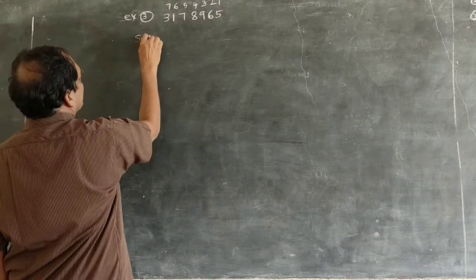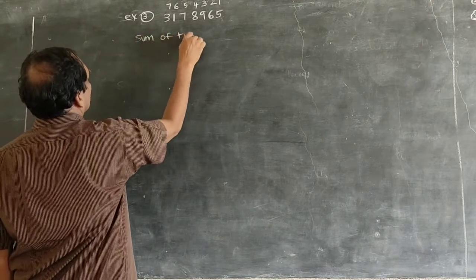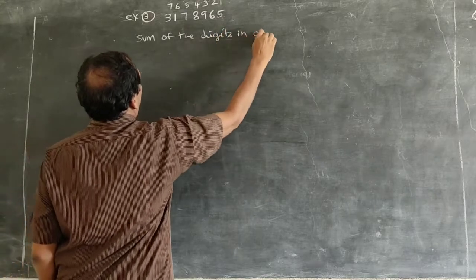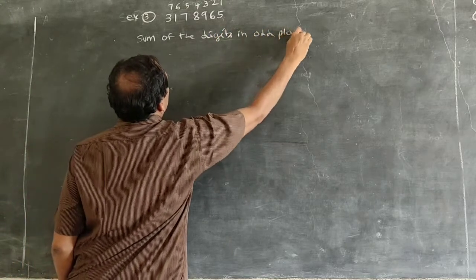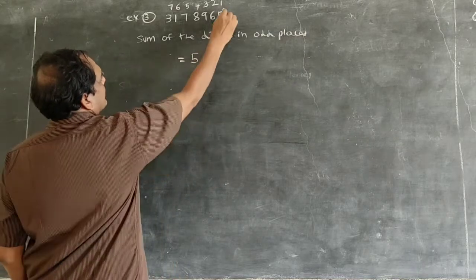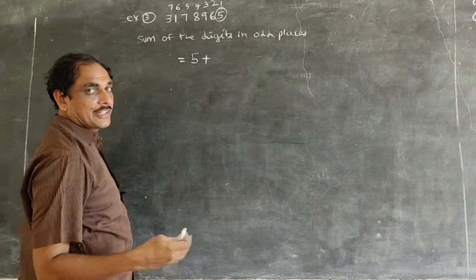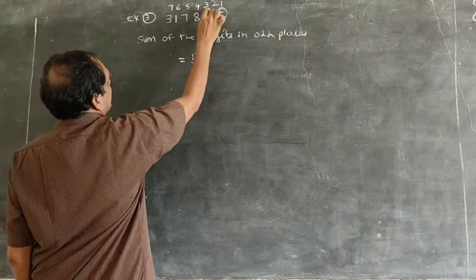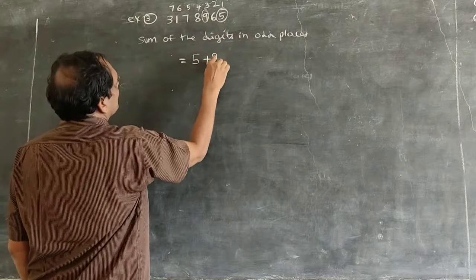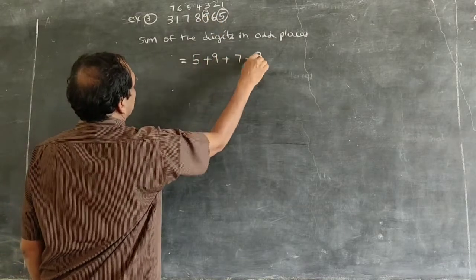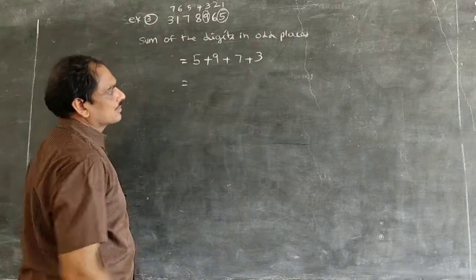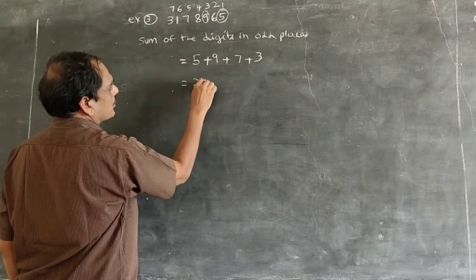So the sum of the digits in odd places is equal to 5. 5 is the first place. The third place is odd, so its digit is 9. 9 plus 7 plus 3, that is equal to 7 plus 3, 10, 19, and 5 is 24.